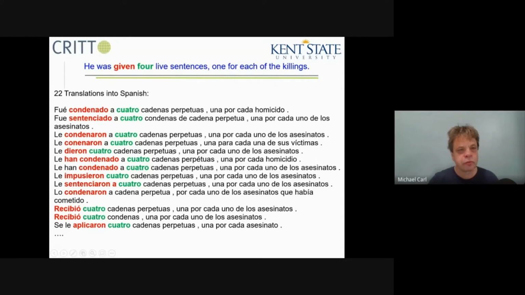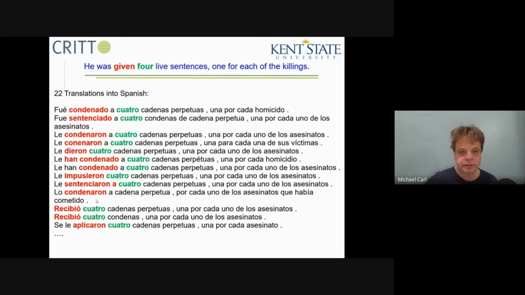So we have stretches of text that are unambiguous, where all translators produce the same solution. Other stretches in the same sentence are where translators produce different translations.